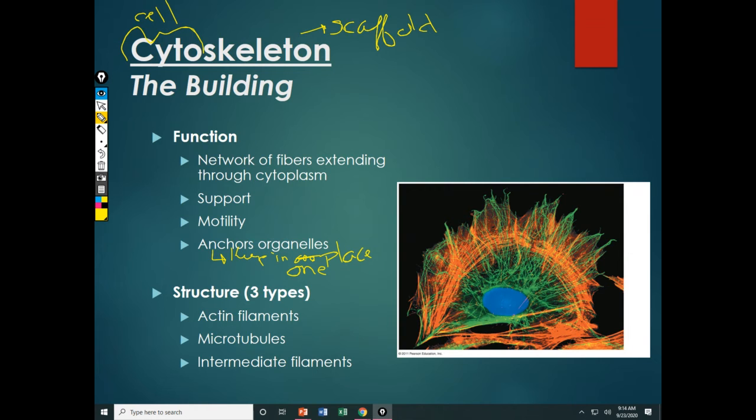Okay, if we consider these two, support and motility, this harkens to the idea that we're going to build a roadway or a railway system. So we have a whole bunch of these guys that are going to cross-hatch across our cell. They're also going to create sort of like a suspension bridge structure, so it's going to help hold everything up, hold everything in place. Going to help hold our plasma membrane out so it can't push in and collapse.